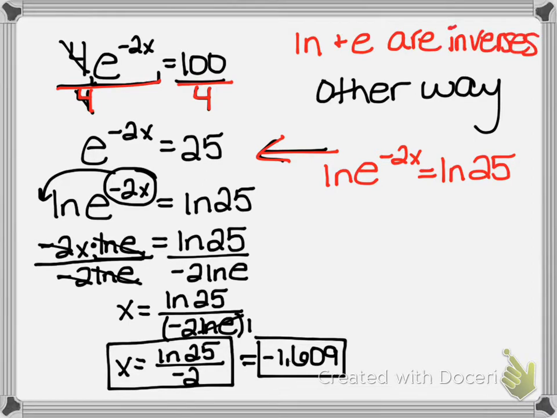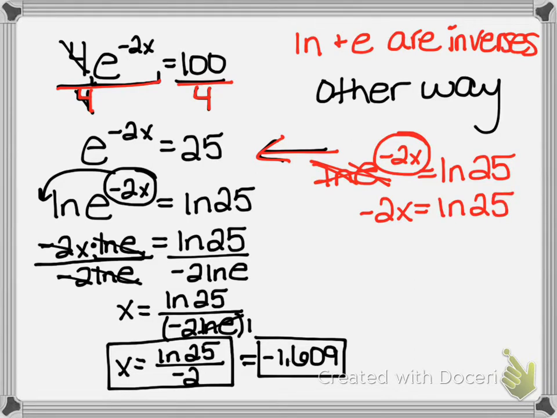And one of the things that you learned in January is that when you do the composition of inverses, when you plug inverses into each other, they cancel each other out and just leave what's inside. And so this natural log and this e are going to cancel each other out, and all that would be left would be the -2x that was inside.